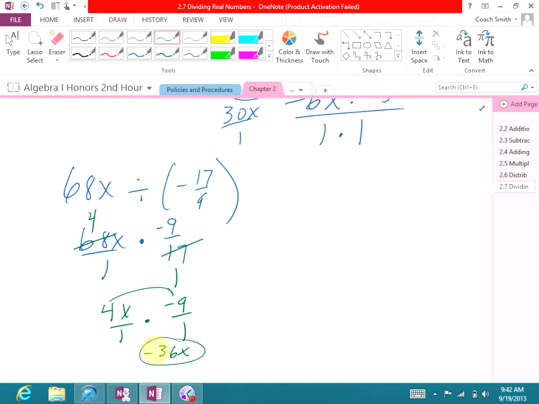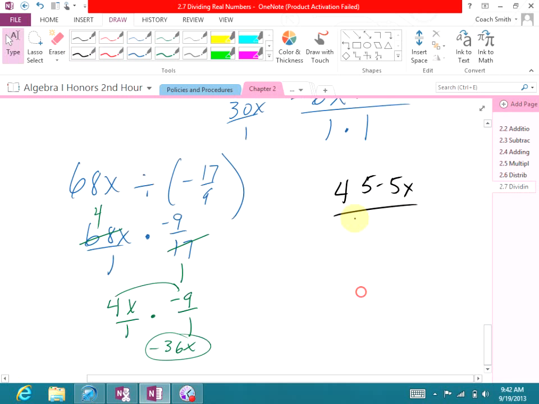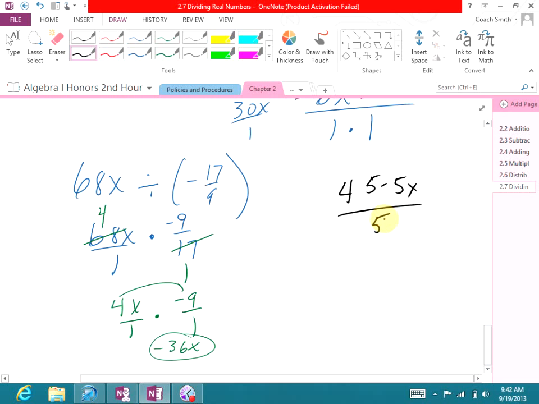All right, now let's look at these expressions. Here we go. 45 minus 5x over 5. And they want us to simplify that. 45 minus 5x over 5, and they want us to simplify. Here's what I've got.